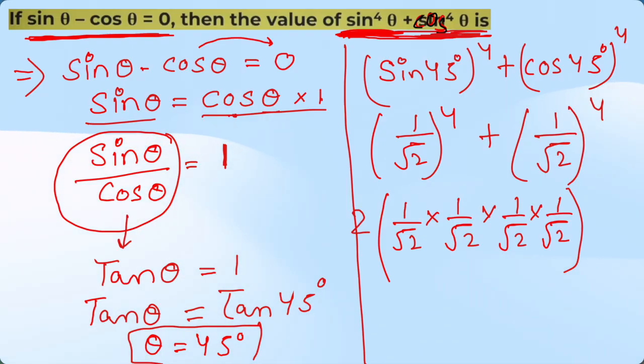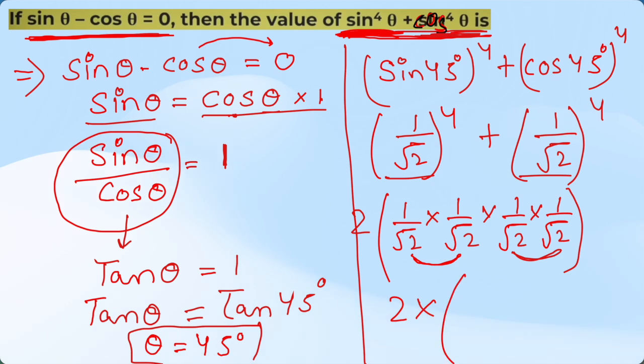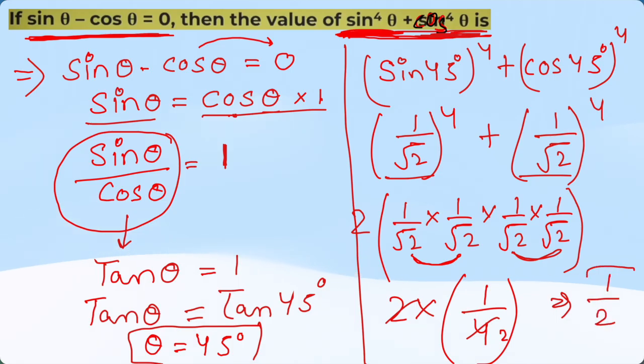So I can write it as 2 times, because same thing added 2 times, right? So it will be 2 into, root 2 into root 2 is 2, root 2 into root 2 is 2, so it will be 1 by 4. So your answer will be 1 by 2. Any doubt? The answer for this question is 1 by 2.